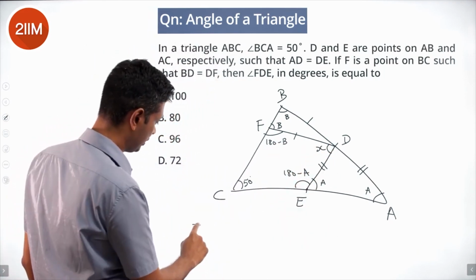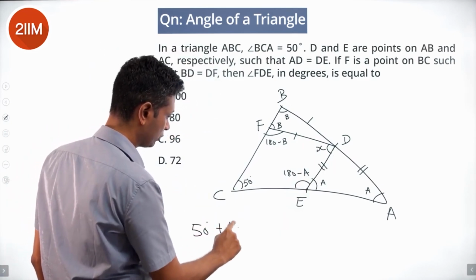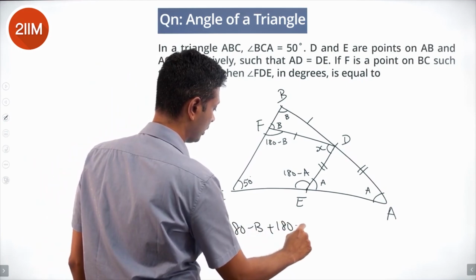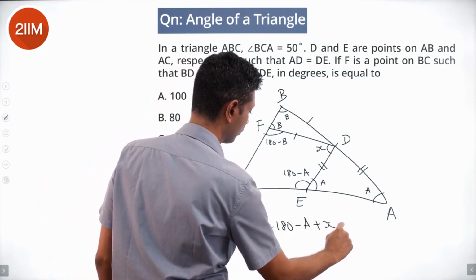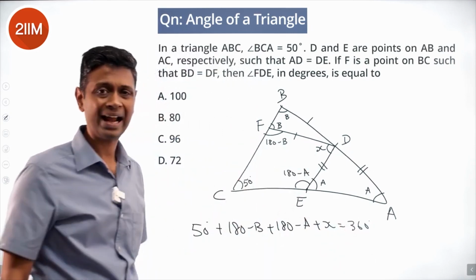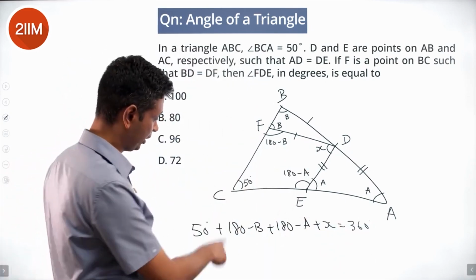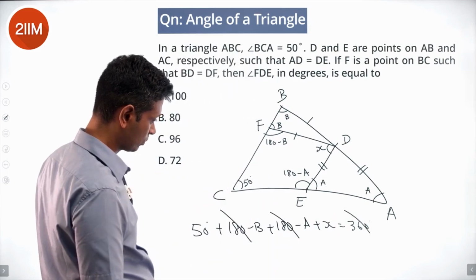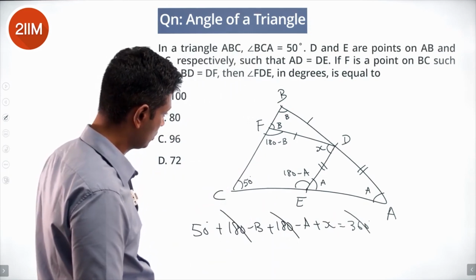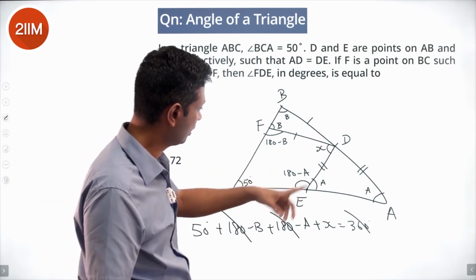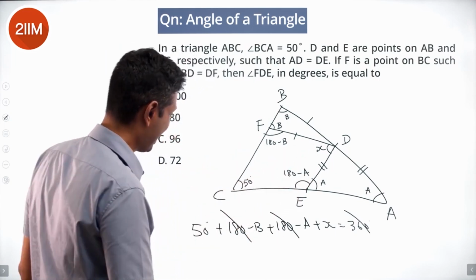So 50 degrees plus 180 minus B plus 180 minus A plus X equals 360 degrees. Why? 4 angles in a quadrilateral add up to 360 degrees. 180 plus 180 is 360, this goes away. 50 plus 180 minus B plus 180 minus A plus X equals 360.